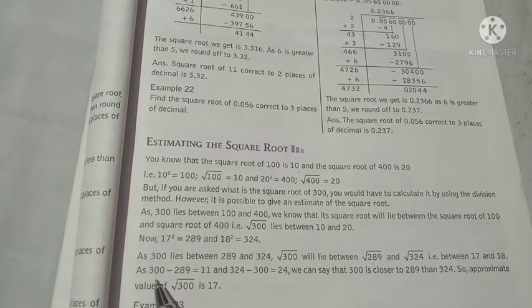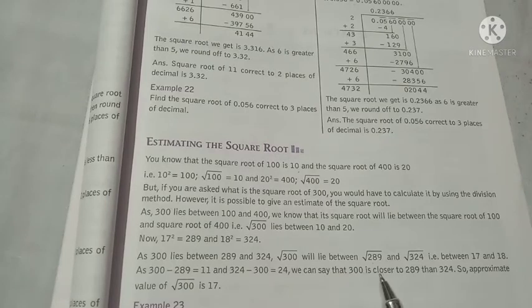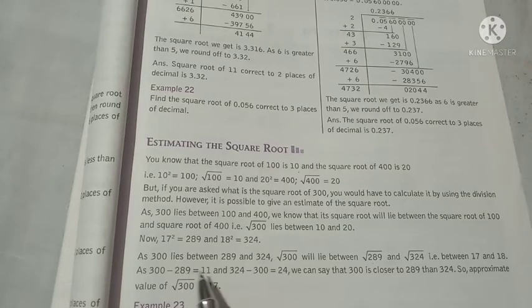300 minus 289, the answer is 11. And 324 minus 300, you will get 24. We can say that 300 is closer to 289 than 324. So approximately the square root of 300 is 17. Because if you subtract 300 minus 289, the answer is 11. That means 300 lies nearest to 289.